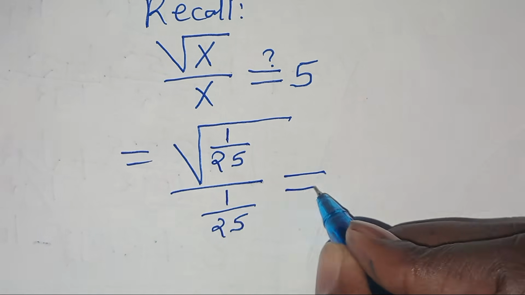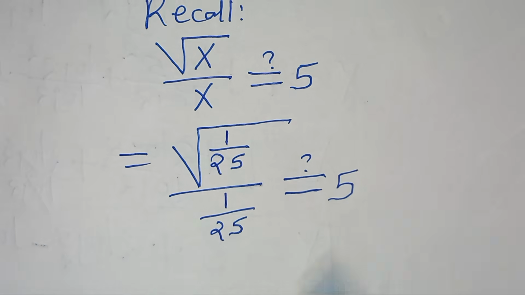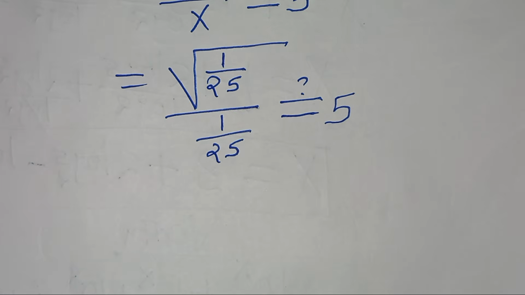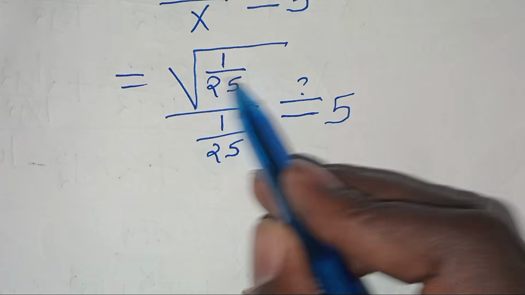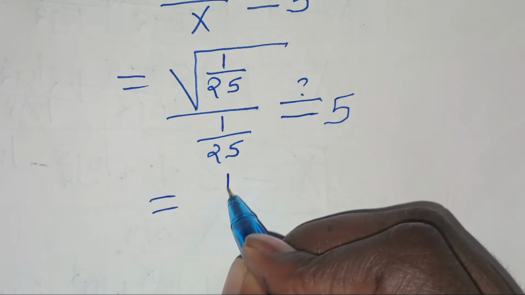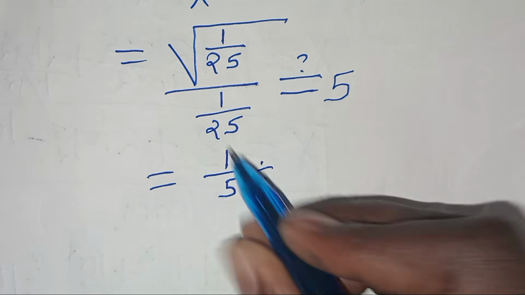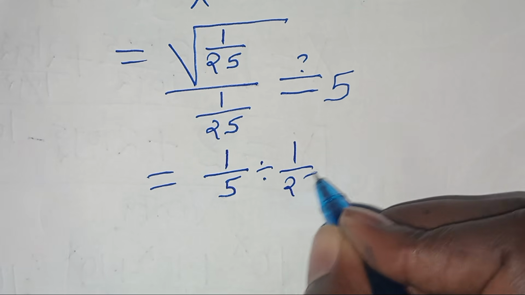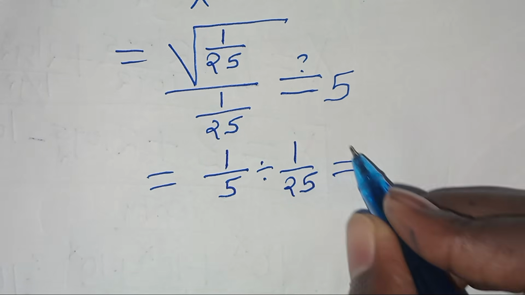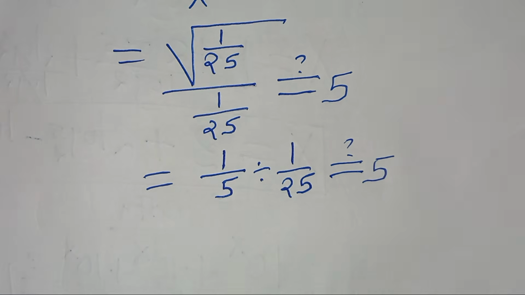This is supposed to give us a value of 5. So the square root of 1 over 25 is the same thing as 1 over 5, divided by 1 over 25.